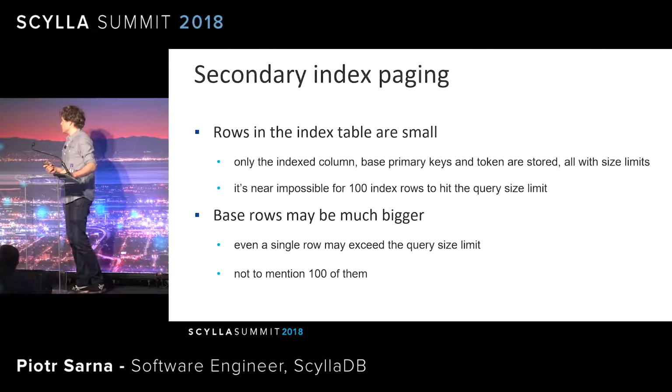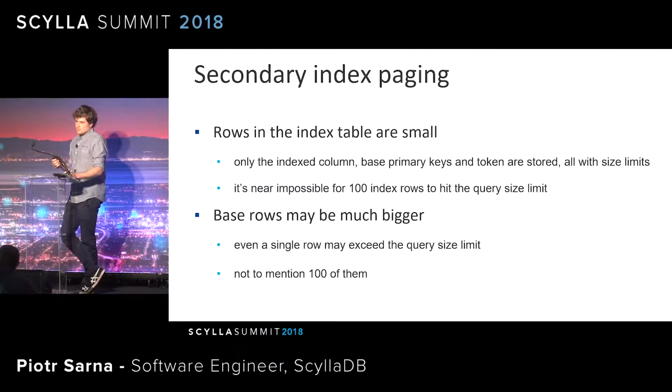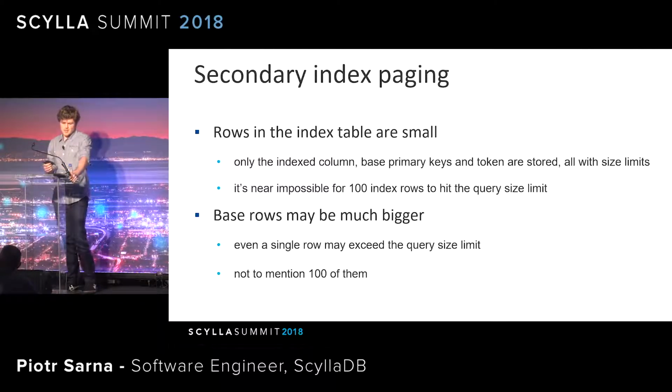Now there are also some problems to consider with secondary indexing. And these problems are connected to paging. So, a quick introduction. Rows in the materialized view that keeps all the base table keys are small because they only store keys, and keys have a size limit.